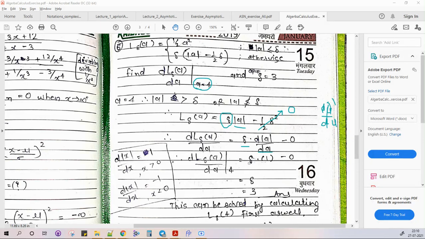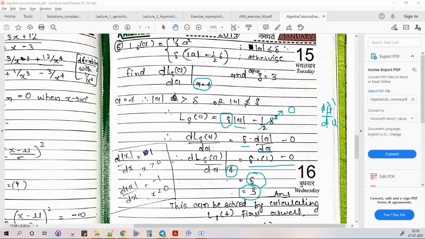So 1 times delta minus 0, and the answer is delta. Whatever the value of A you take, the answer would always be delta, which is 3. If A was equal to 5, again I would have the answer 3, because in this equation I don't have the value of A, correct?